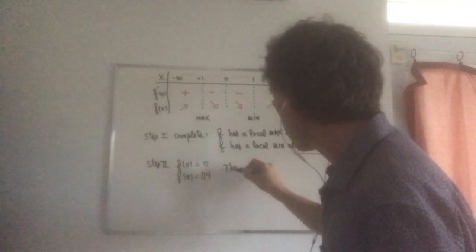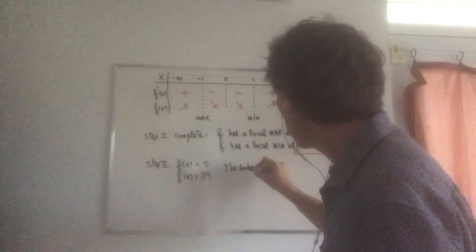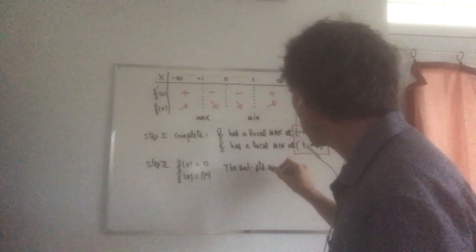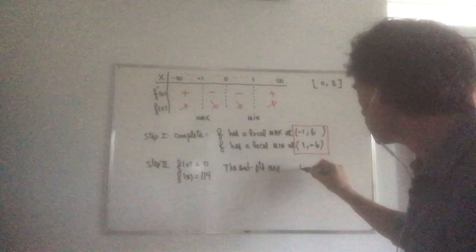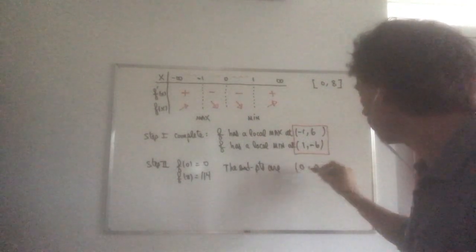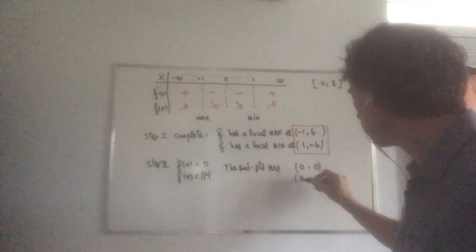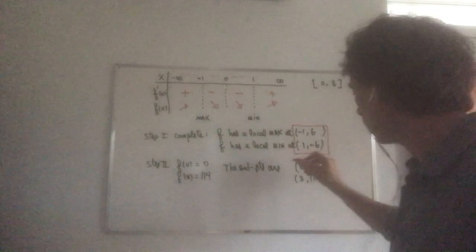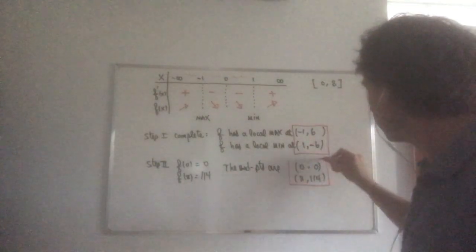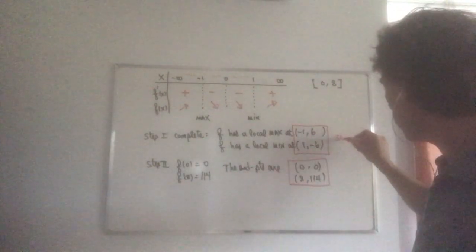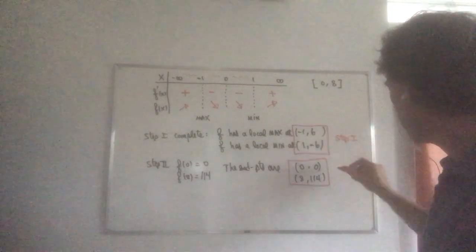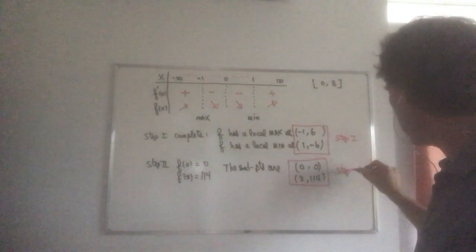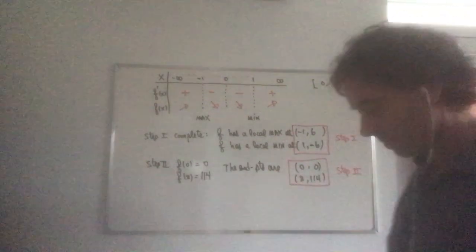The endpoints are 0, 0 and 8, 114. That is the outcome of step 2. So this is what you get up there in step 1, and this is what you get up there in step 2. Good.